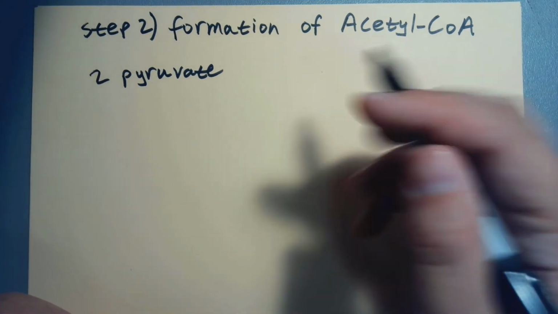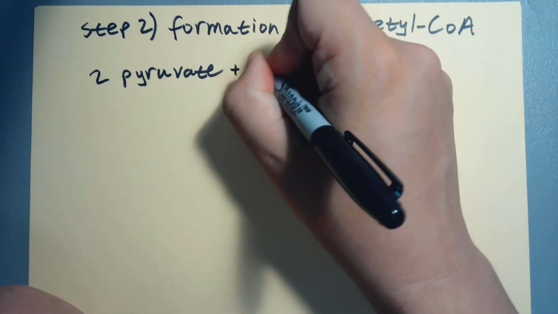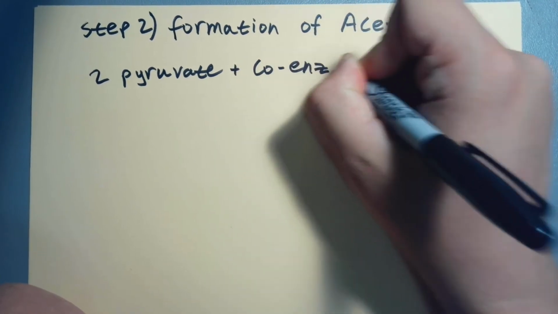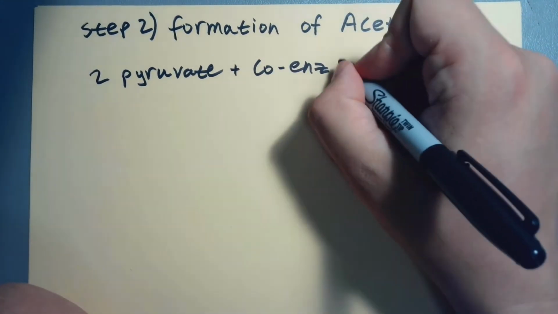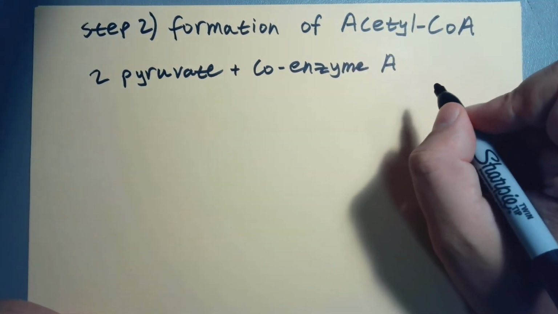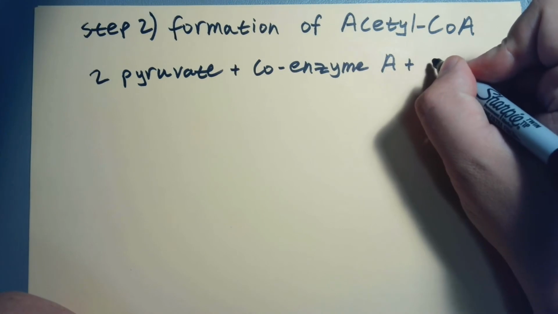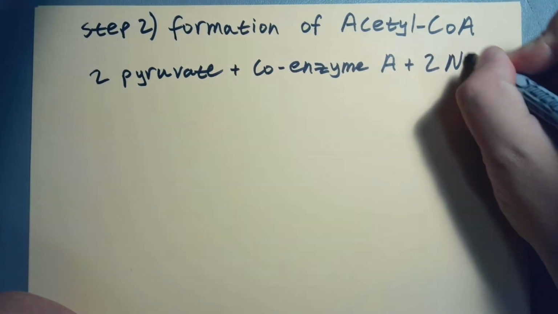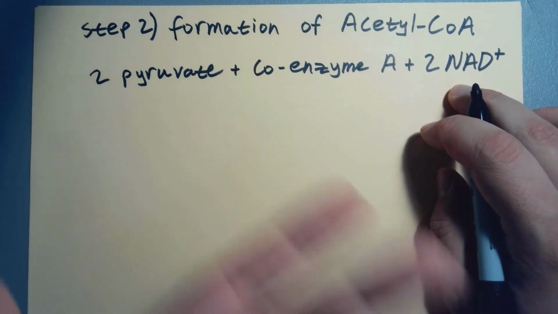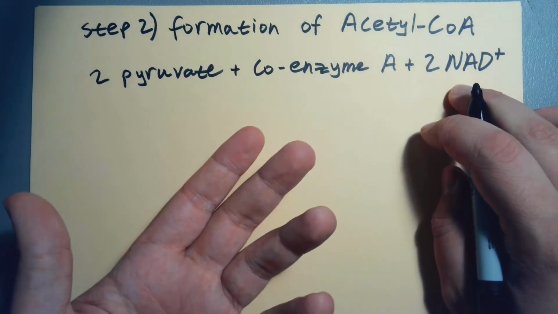We're also going to have 2 coenzyme A's. It might seem like maybe where that comes from. And we're going to have a couple more NAD pluses. Which, by the way, if you're seeing NAD plus involved, what does that mean is happening? What's happening in these reactions?